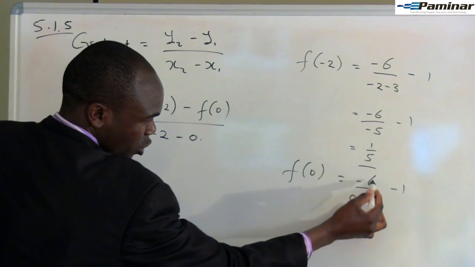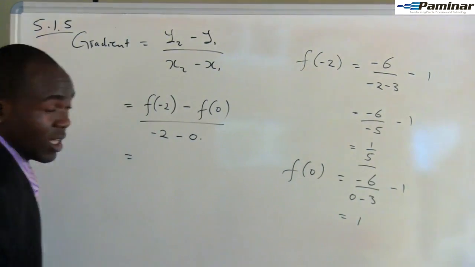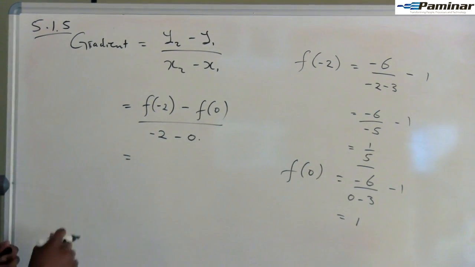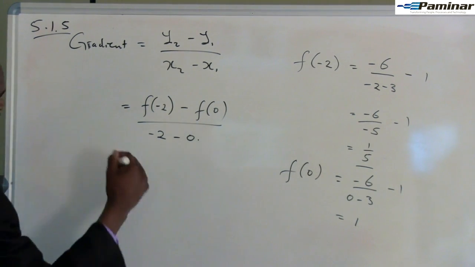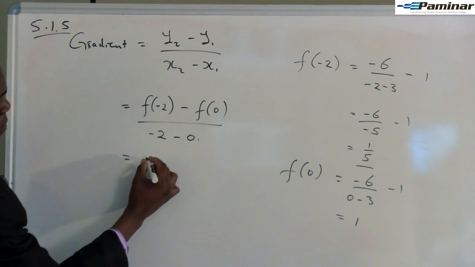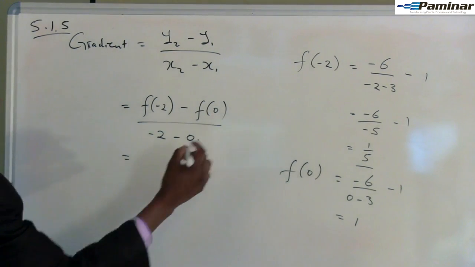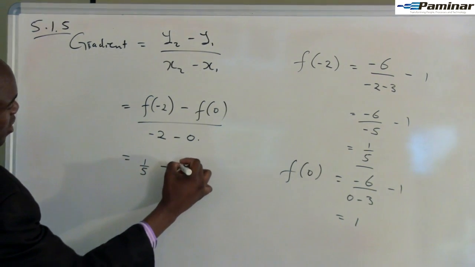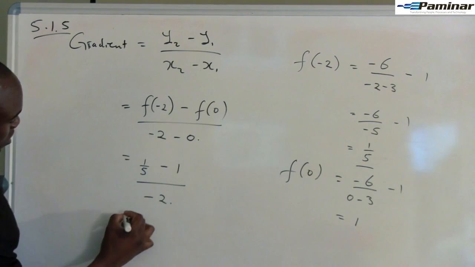This one will become 2, -1, which is 1. Be very careful on this. Sometimes many students get confused on the signs, and then they get it wrong. That one is correct, eh? Okay, then we're going to get 1 over 5 minus 1, all over minus 2.